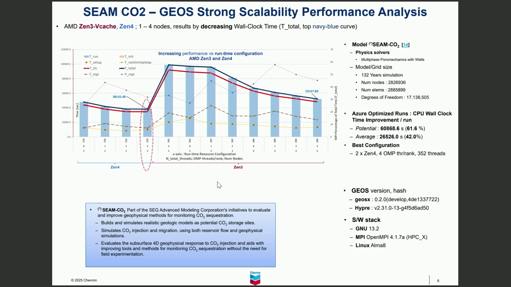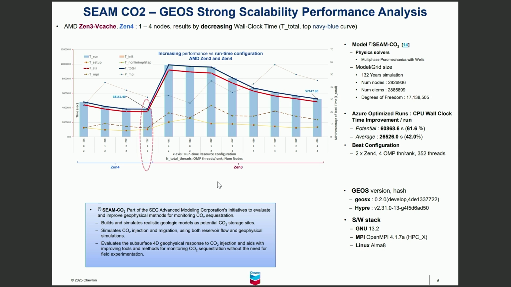So let me show you quickly, here there were some experiments. Actually, this is a summary of experiments on Zen 4s and on Zen 3s. These have 120 cores per node. These have 176. So by going through this directed and selective way to evaluate GEOS running this model, we found out, okay, the top curve is the wall clock time.